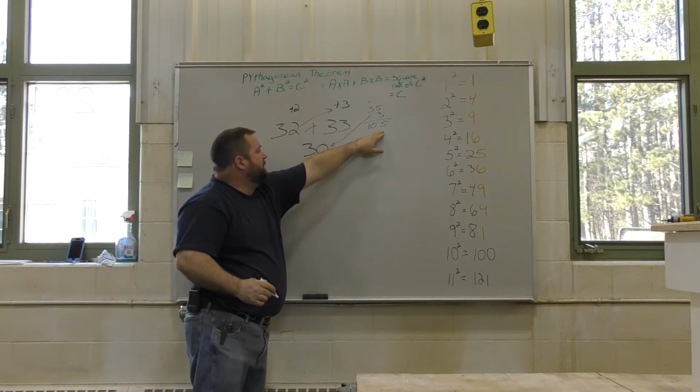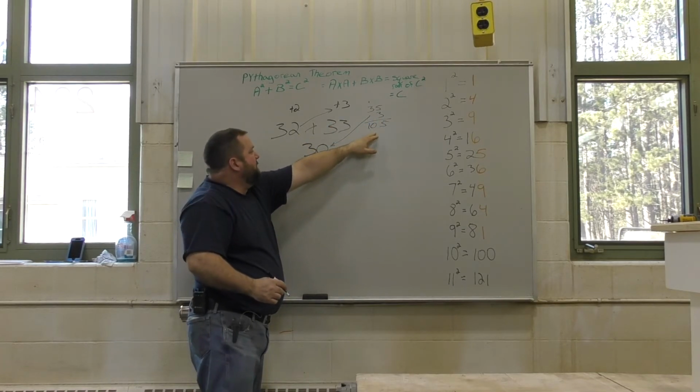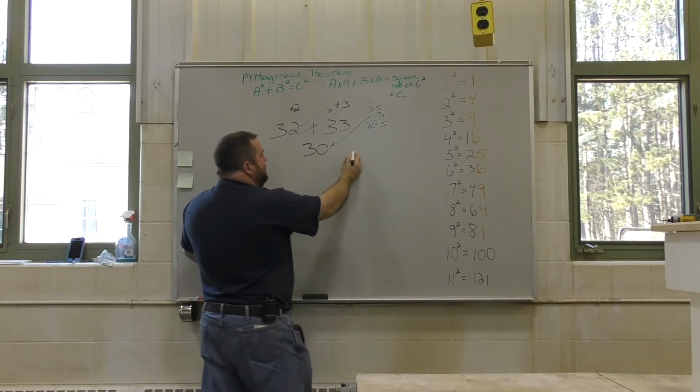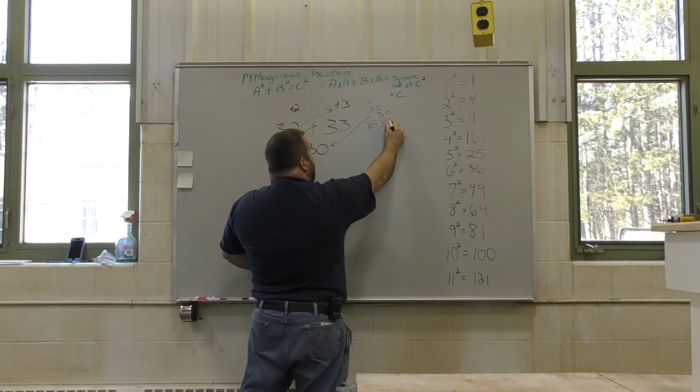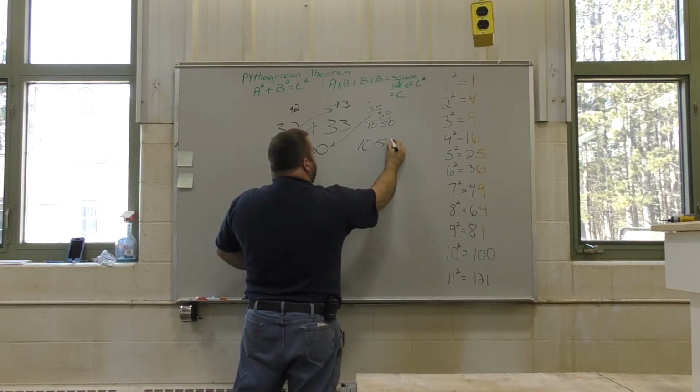Right? 5 times 3 is 15. Carry the 1. 3 times 3 is 9, plus 1 is 10. So we got 105, but we have to add the 0 because there's a 0 here. So we got to add the 0. So our answer is 1,050.